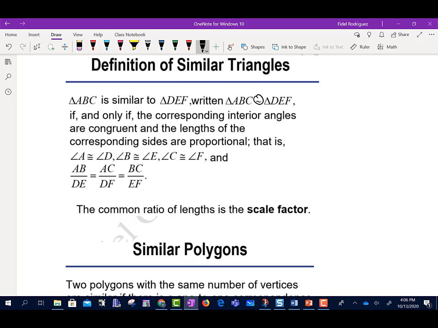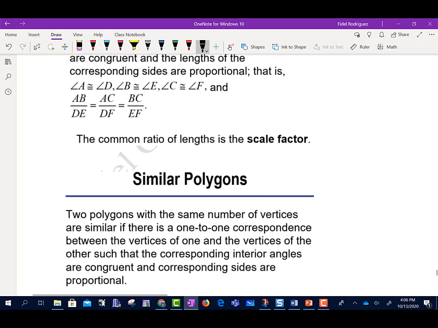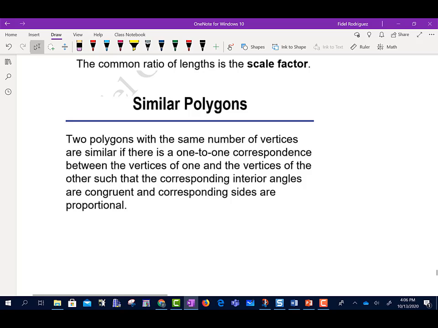So angle A is congruent to angle D, angle B is congruent to angle E, angle C is congruent to angle F. Line segment AB over DE is equal to line segment AC over DF is equal to line segment BC over EF. The common ratio of lengths is what we call a scale factor. We'll talk about this as we go through some examples, so don't worry about it so much right now.